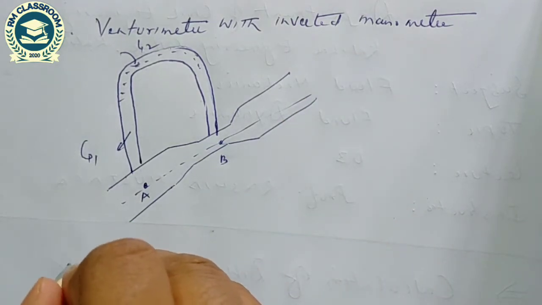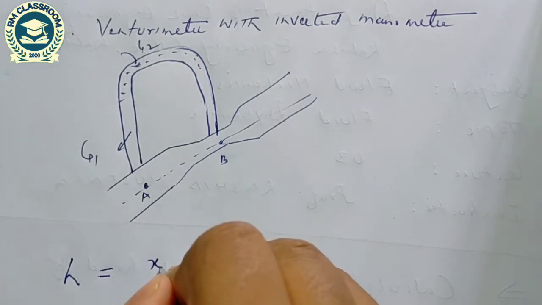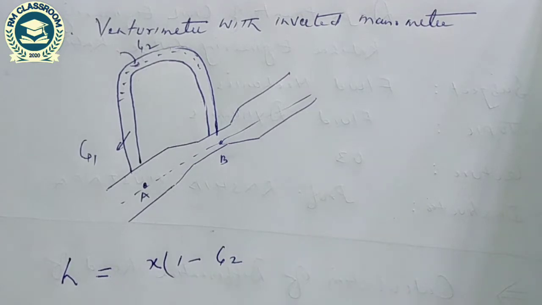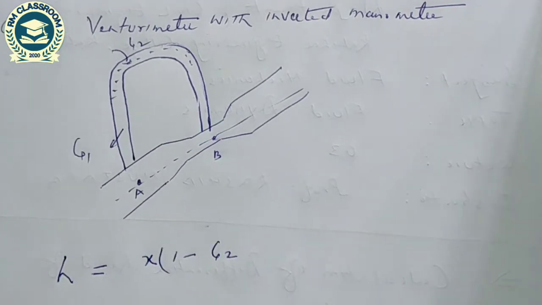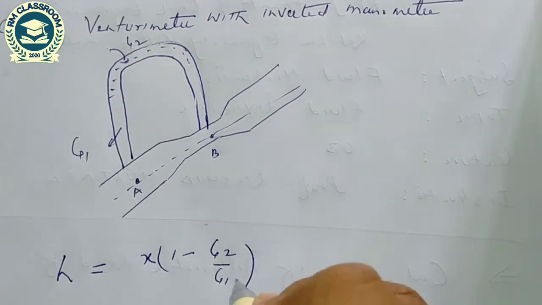In this case, the head difference can be computed as x into (1 minus G2 by G1).